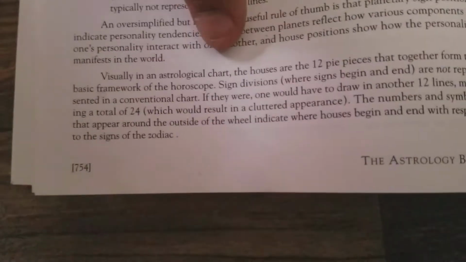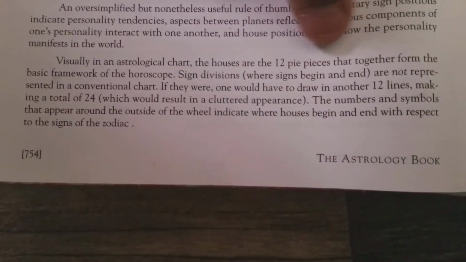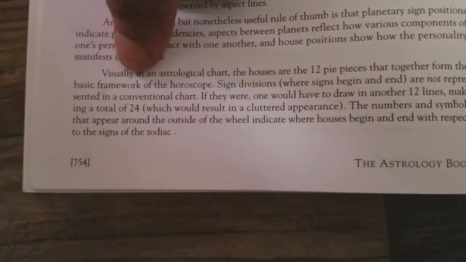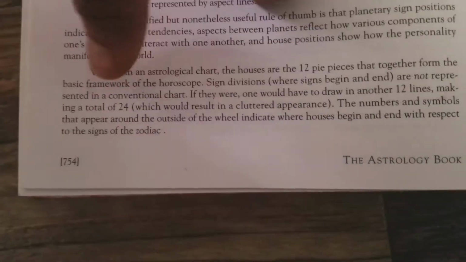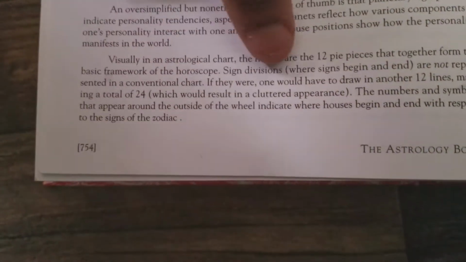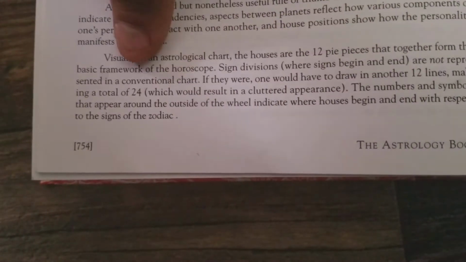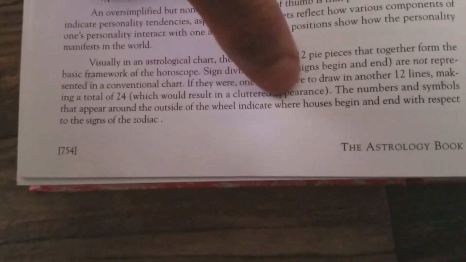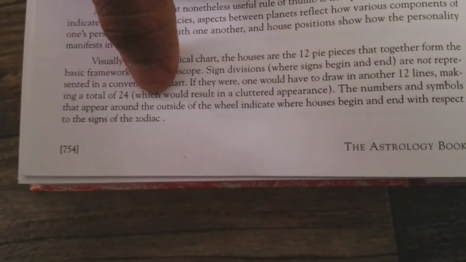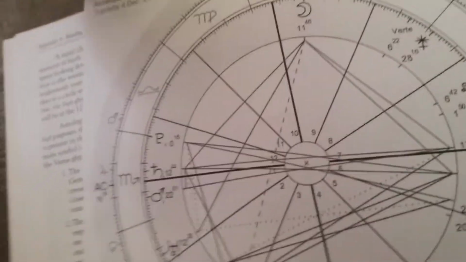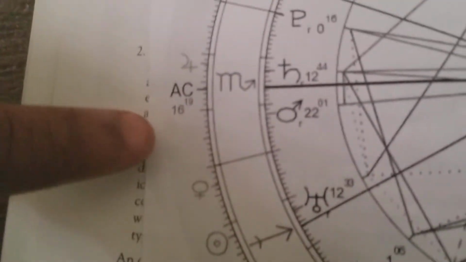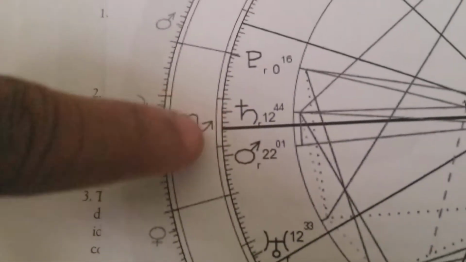Visually, in the astrological chart, the houses are the 12-piece pie that together form a basic framework of the horoscope. Sign divisions, where signs begin and end, are not represented in a conventional chart. If they were, one would have to draw another 12 lines, making a total of 24, which would result in a cluttered appearance. The numbers and symbols that appear around the outside of the wheel indicate where the houses begin and end with respect to the sign of the zodiac. See the numbers on the outside, because his first house started at 16 degrees Scorpio.